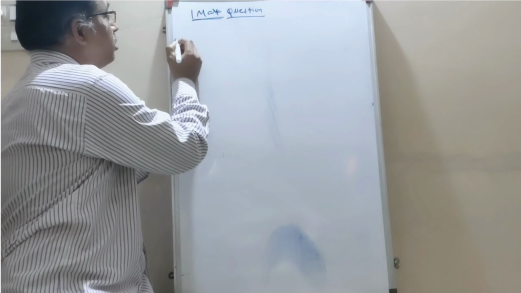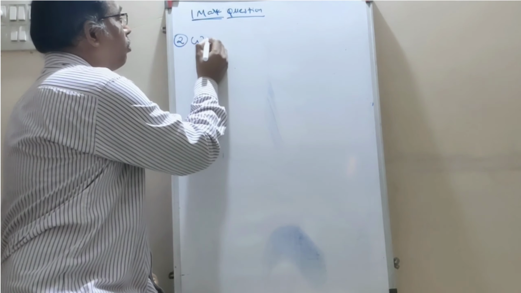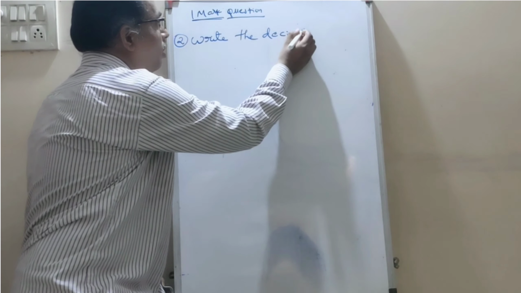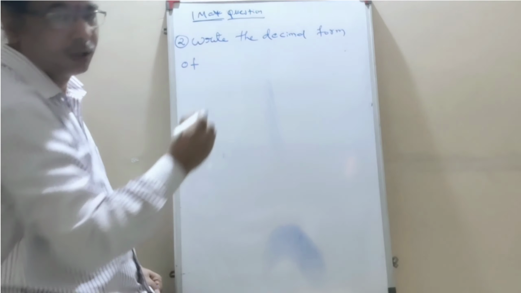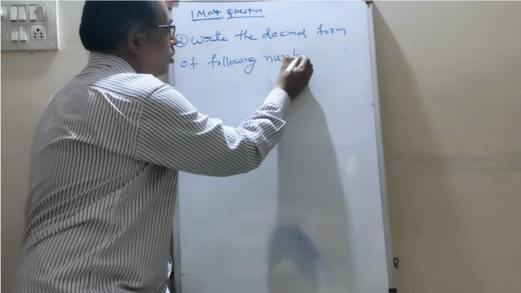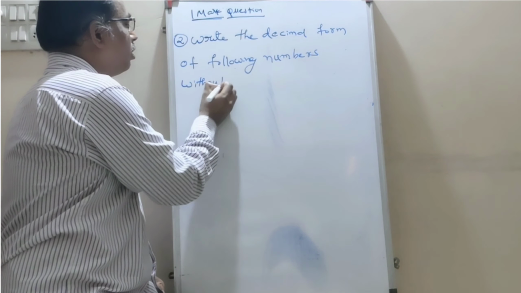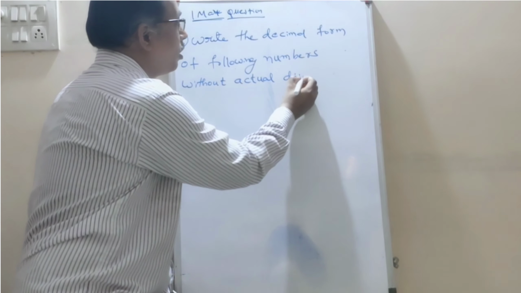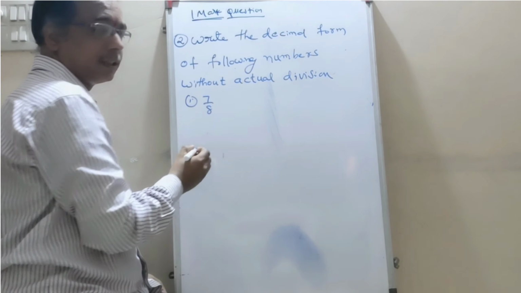So the second model is: write the decimal form of the following numbers without actual division. Okay. Now your first one is 7 by 8.